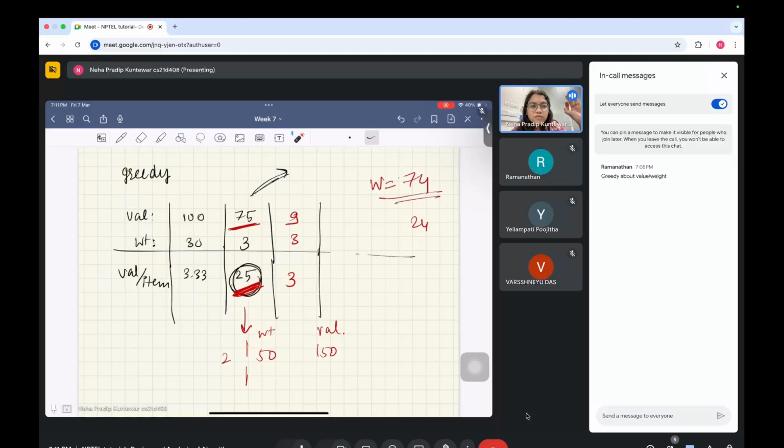But if you would have taken smaller and smaller items, maybe some combination of these, such that their combination adds up to the exact value of the weight, then even though you are losing on the values of these items by some small factor here and there, because I'm able to fill the whole gap, there's nothing in the sack that is going wasted. The total value is still larger, it surpasses this.